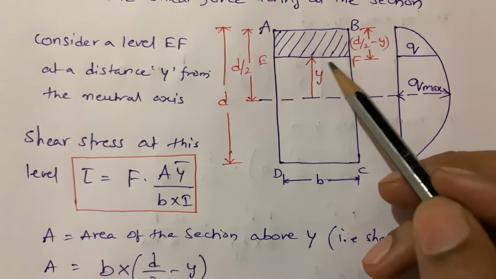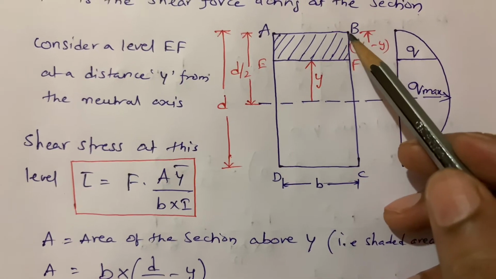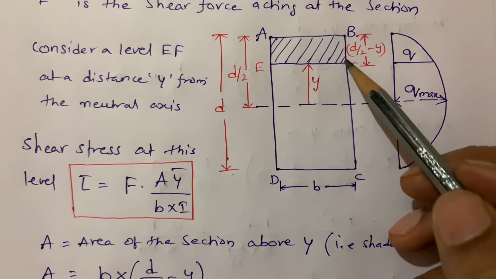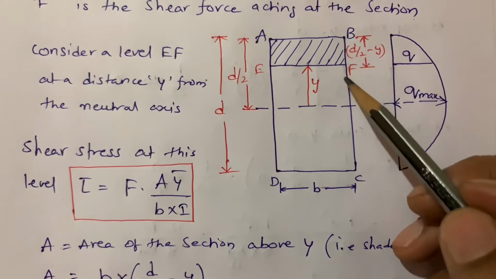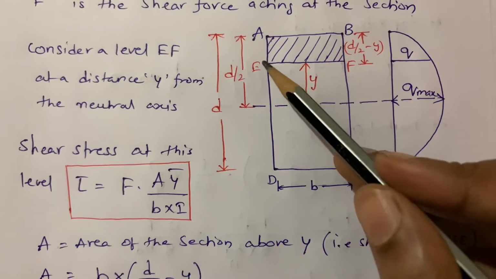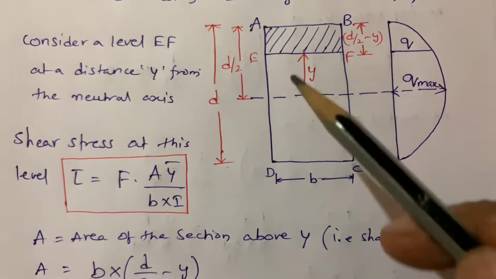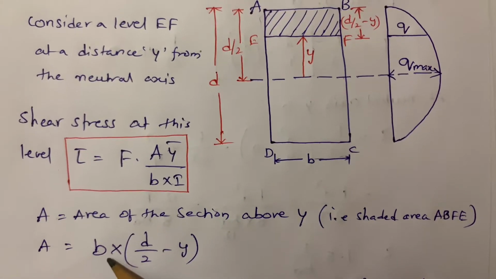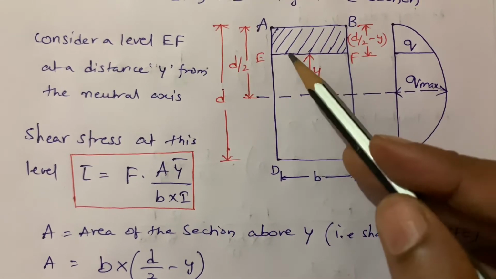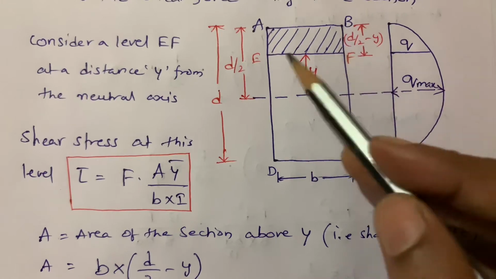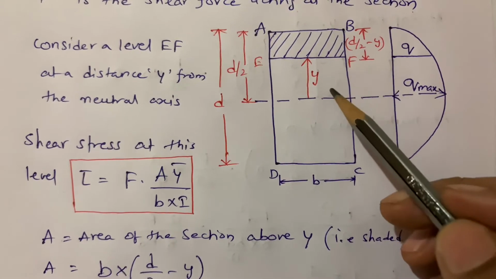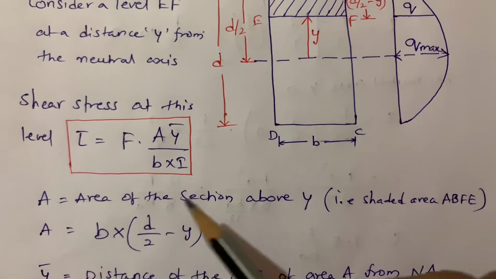In this half, from here to here it is D by 2, and I subtract y from D by 2 to get this remaining portion. So the area of the shaded region ABFE is B into (D by 2 minus y).